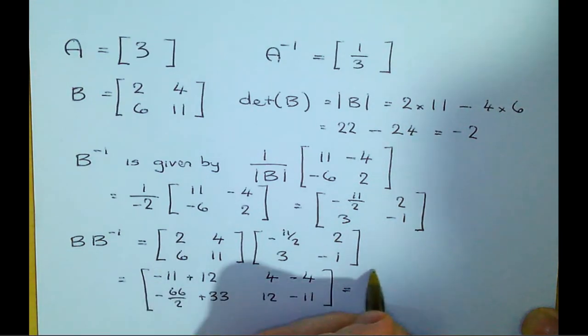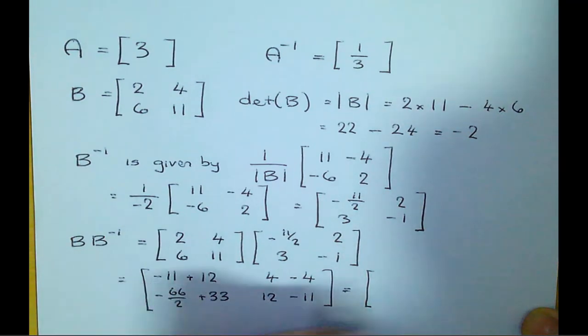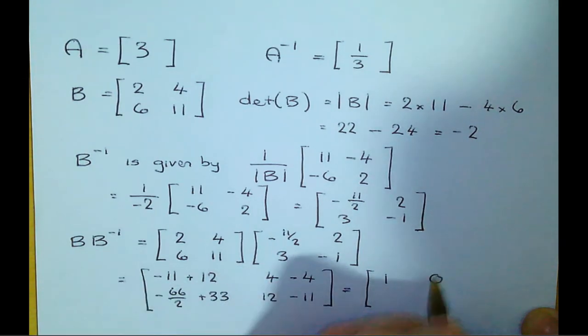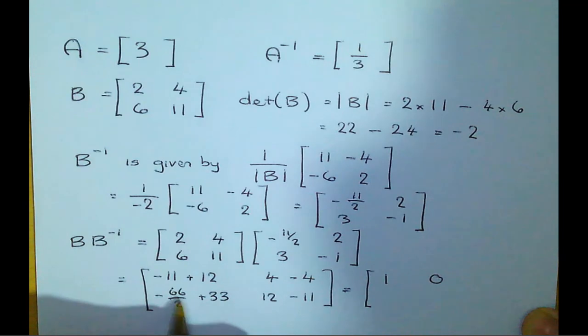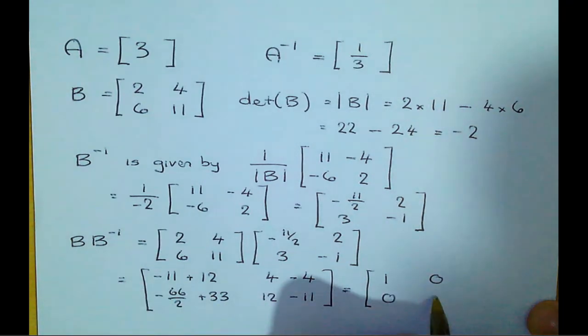So we get here, putting in the addition and subtraction, -11 plus 12, that's 1. 4 minus 4 is 0. -3 plus 33, that's 0. 12 minus 11 is 1.